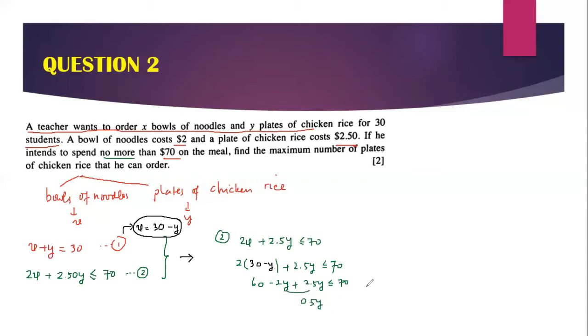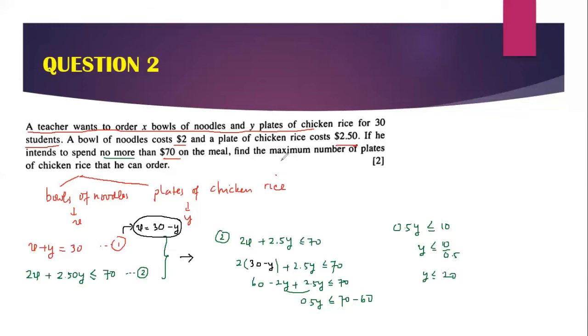And then 60 goes to the right side, 70 minus 60. So 0.5y less than or equal to 10. So y is less than or equal to 10 over 0.5, y less than or equal to 20. Okay, good.